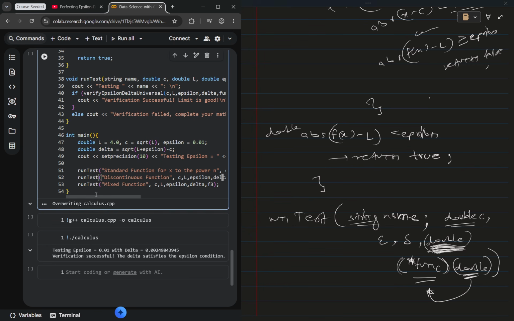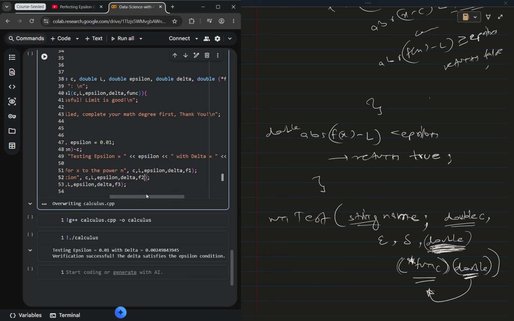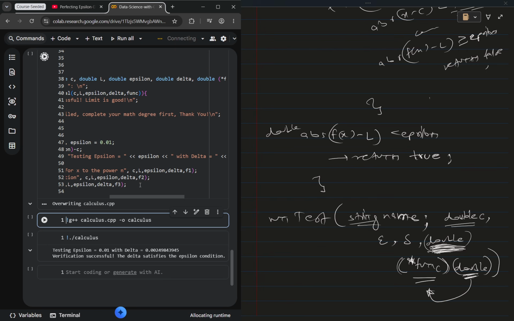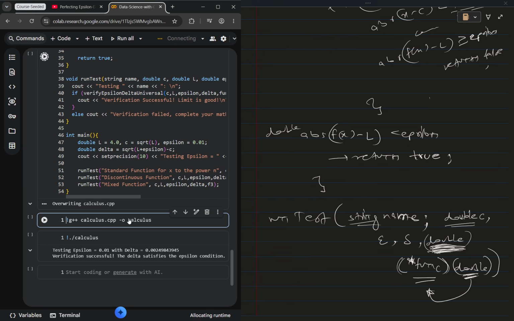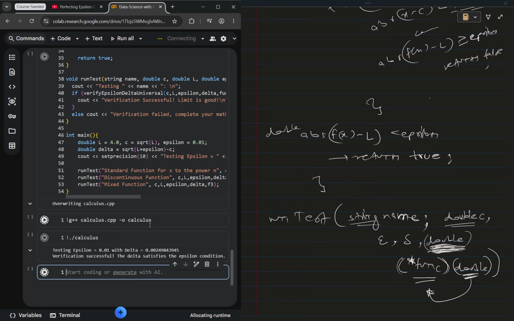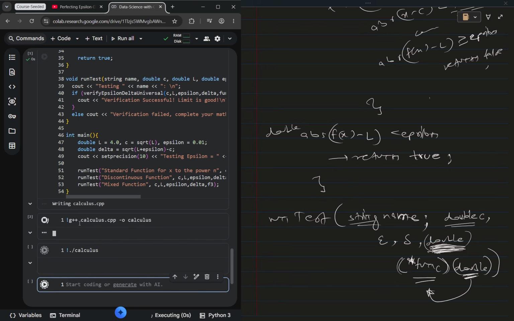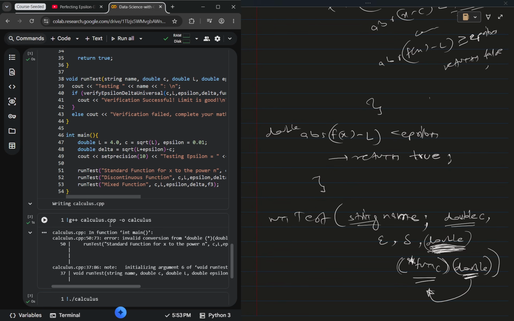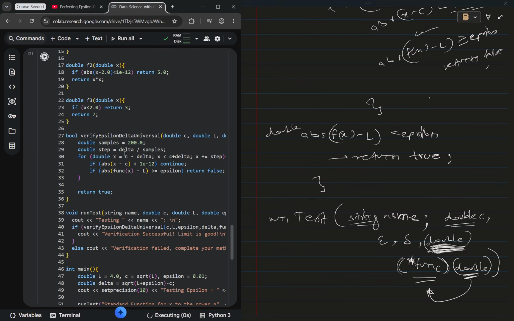So I think we now have to press Shift Enter. So let's try to compile this now. Let's see if we get successful answers. It's taking time. Okay, so I have to run every cell for now.